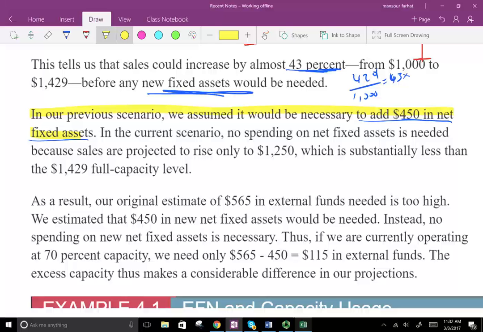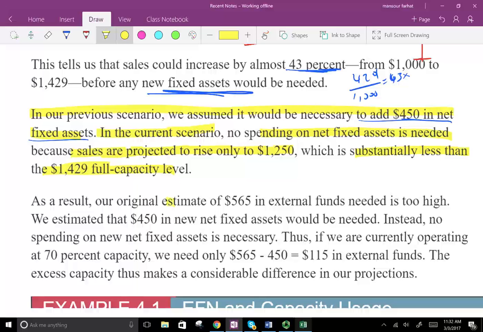In the current scenario, no spending on fixed asset is needed because sales are projected to rise to 1,250, which is substantially less than the full capacity of 1,429. So we don't need new fixed asset unless we reach above the sales level of 1,429. And hopefully at that point, the company will find new ways to increase their capacity. I'm just assuming here.